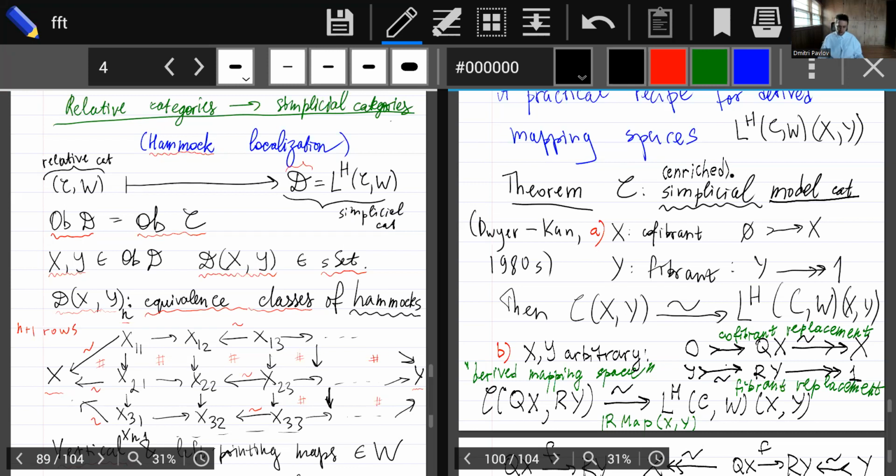All examples we studied so far are simplicial or enriched over chain complexes, so this is not a particularly restrictive condition. In a simplicial model category, you have a simplicial set of morphisms between any two objects. And this simplicial set satisfies an additional axiom.